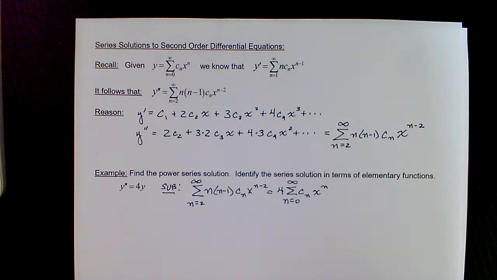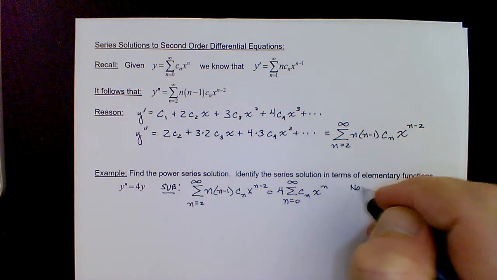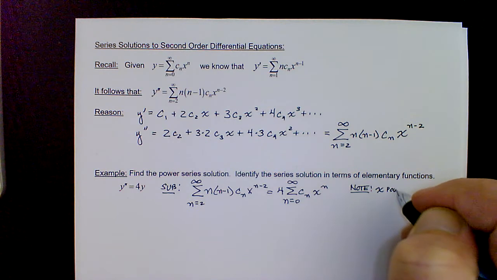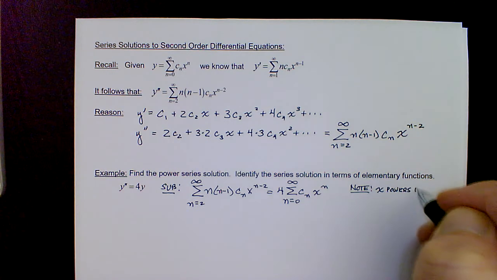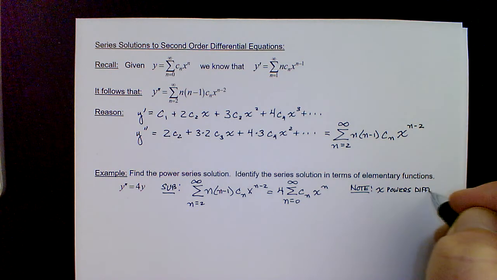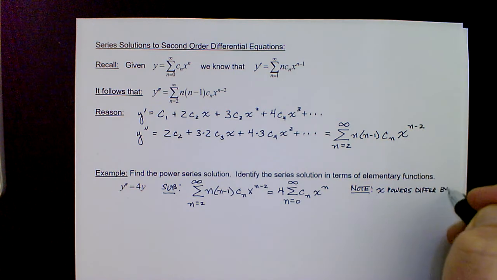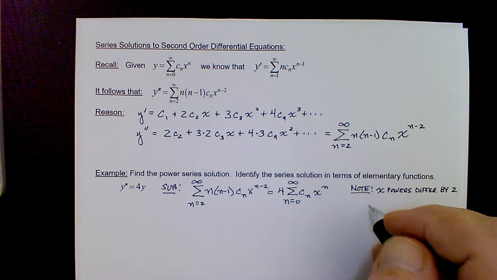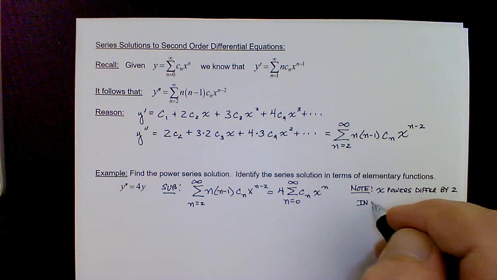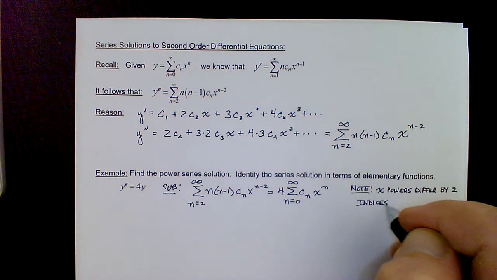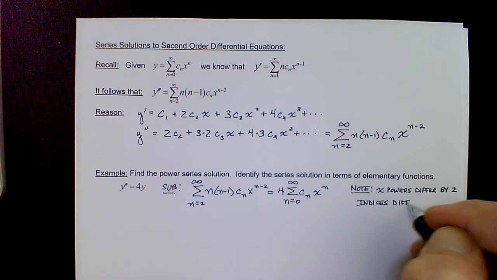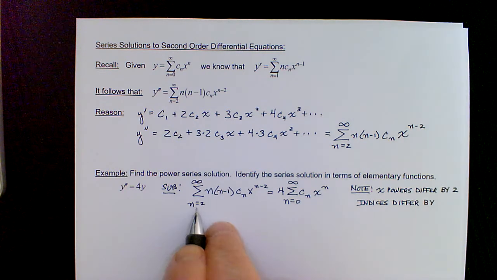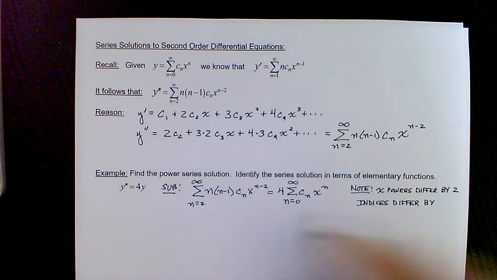So now let's note the x powers. X powers differ by n compared to n minus 2, so that's 2. And the indices differ by, compare n equaling 2, the starting point, to n equaling 0.